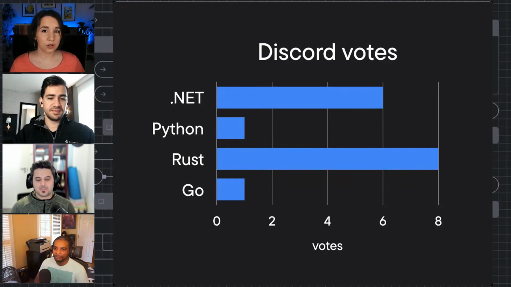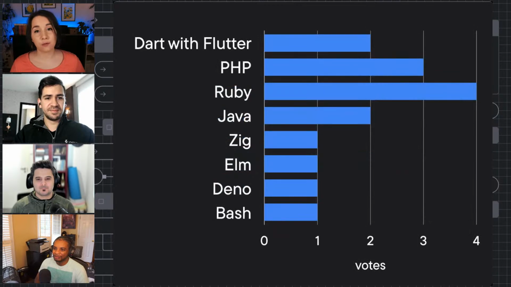And so we also had the poll on Discord, which had a far smaller sample size, but there again Rust was most popular, followed by .NET as well. And we also asked for folks to suggest what languages they were interested in that weren't those, because really the poll is very much biased towards our pre-selected options, which were based on just what we'd heard around the community.